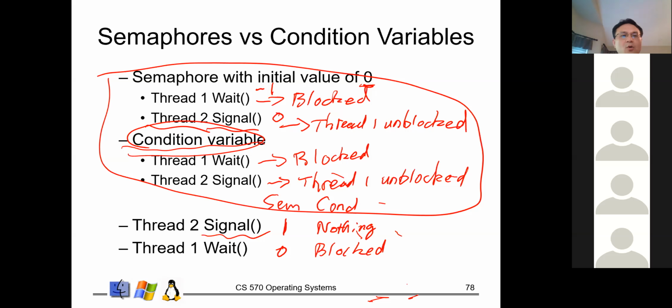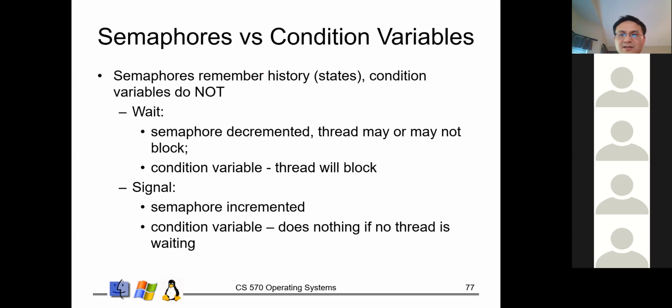While in the condition variable case, it does not have any memory. You call wait, it will block the thread. You call signal, it will check the wait queue to see if there's anything on it. If there is at least one, it will bring one of the threads or processes on the wait queue back, okay? You all get the idea?